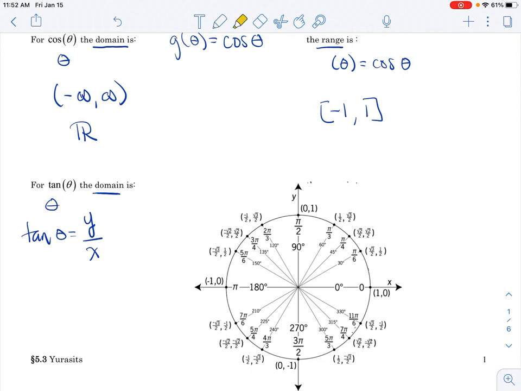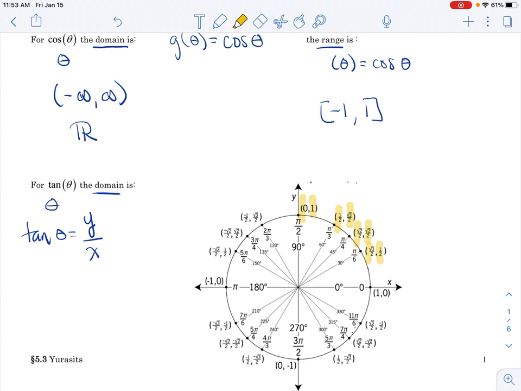So if I divide this by this, I get something. I don't care what it is, but I get something. So 30 degrees works. If I divide this by this, I get 1. So 45 degrees works. I divide this thing by this thing, I get something. It works. If I divide 1 by 0, I can't divide by 0. So that is undefined.